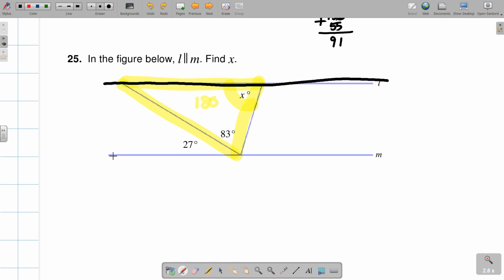So watch out for armpits of the Z. That was a bad parallel line. Okay, solve for x on your own. Pause the video. Restart when you're ready. Okay, Erie, I hope you checked your work in the back.